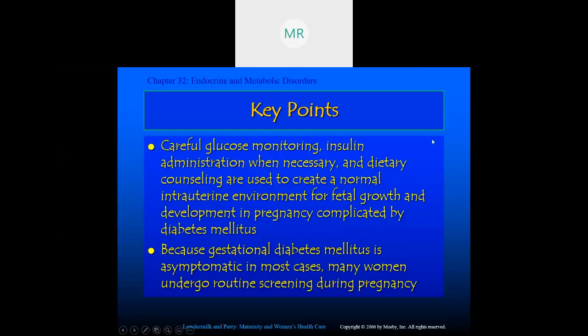Careful monitoring, okay, when necessary. Diet counseling, absolutely. We send them to diet counseling, okay, so now they can eat a healthier diet. And because gestational diabetes is asymptomatic, that's why in prenatals, women undergo a routine screening during pregnancy.